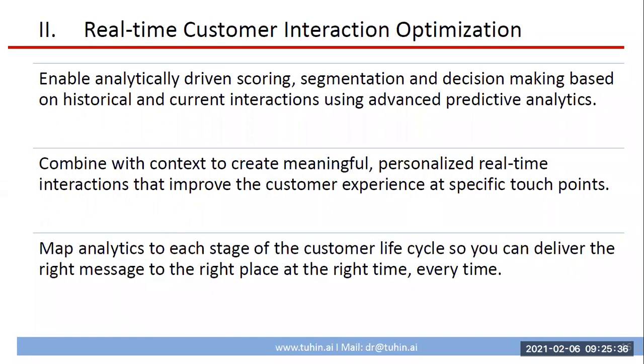Okay, so the other thing is that real-time customer interaction optimization is a very important thing. Now, I have not mentioned anywhere in this slide what modeling techniques get embedded into it and what's required. Let me give you a simple example. An individual is speaking with a call center person.